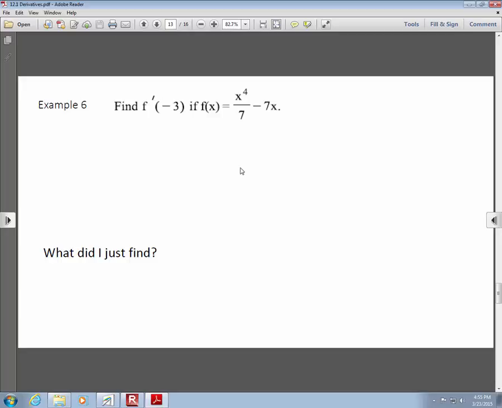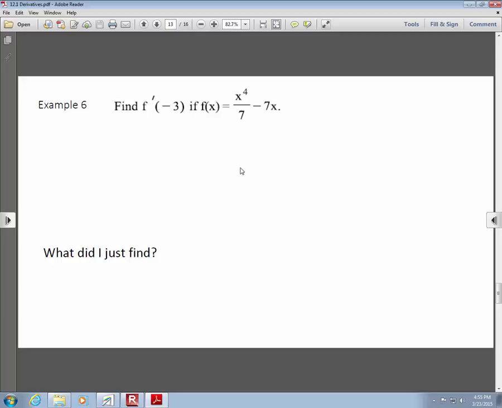So f prime of x is equal to, you take the 4, multiply it by the 1 over 7, that's 4 over 7, x. Subtract 1 from 4, you get x cubed. Then the derivative of negative 7x is negative 7. So there's my derivative. Now, what is it that they want me to do?